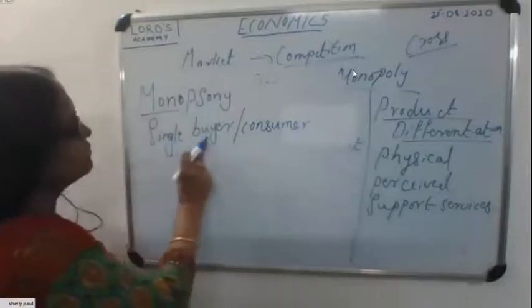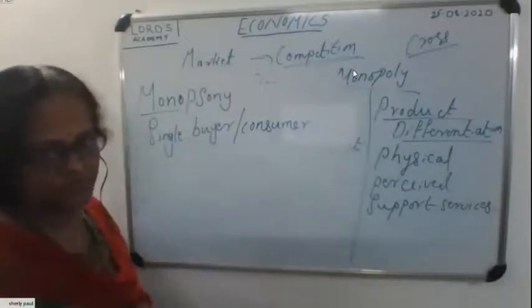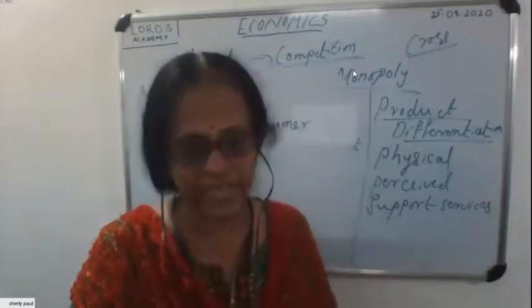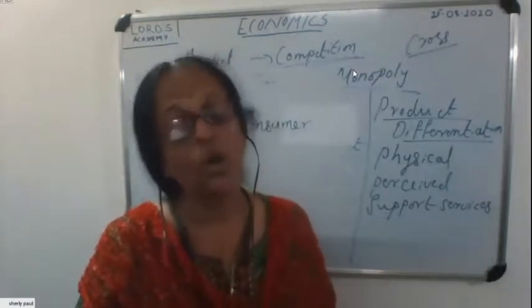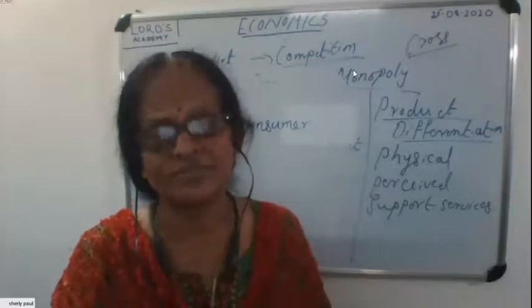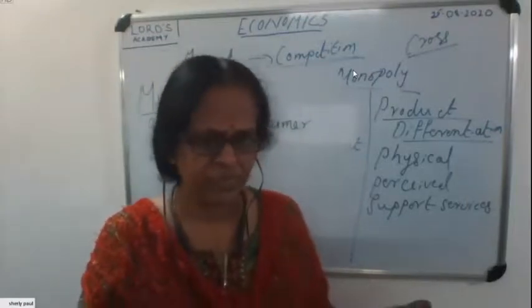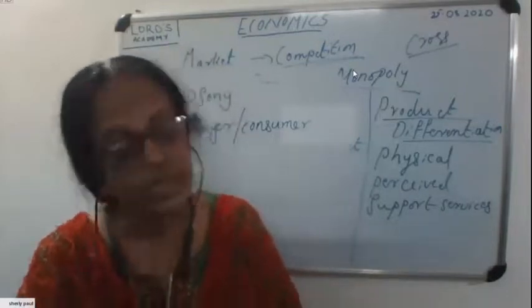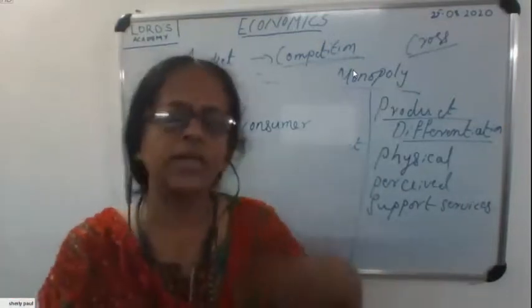Clear? Single buyer or consumer. Then the next point is that there may be a single seller, a few sellers, or a large number of sellers. It is not necessary that there is only a single seller or only a few sellers or a large number of sellers.